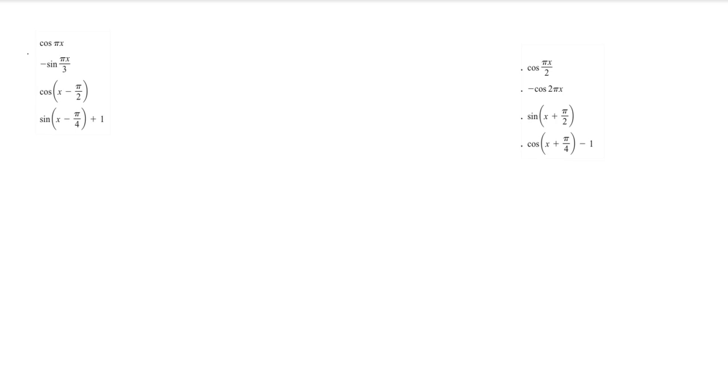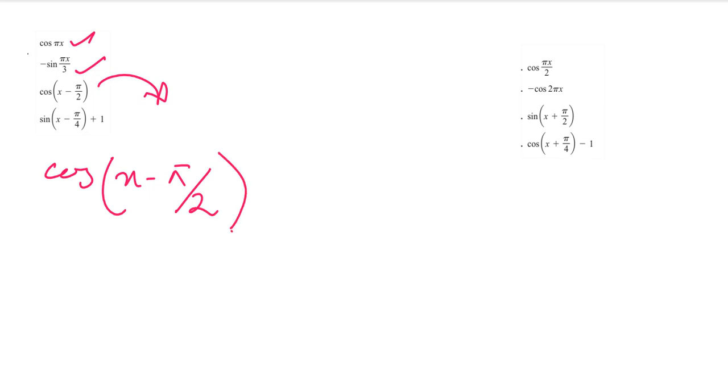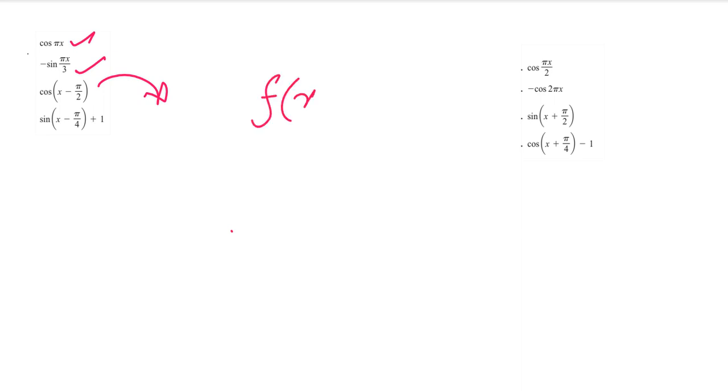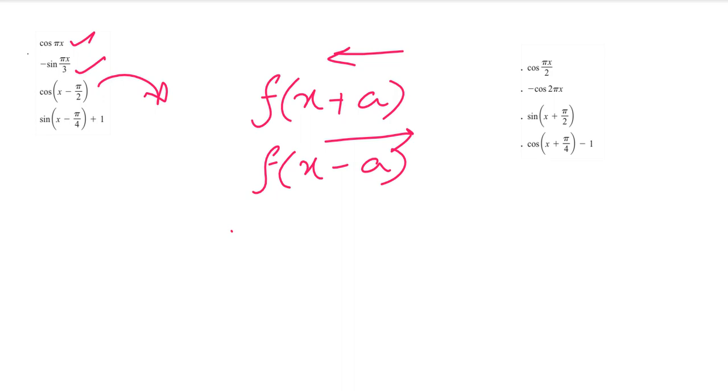Okay, so we are done with these two. We'll see this one, cos of x minus pi by 2. We have already learned that whenever we add or subtract anything inside the function, for example, in this form and in this form, the graph will move to the left side, and over here the graph will move towards the right side.